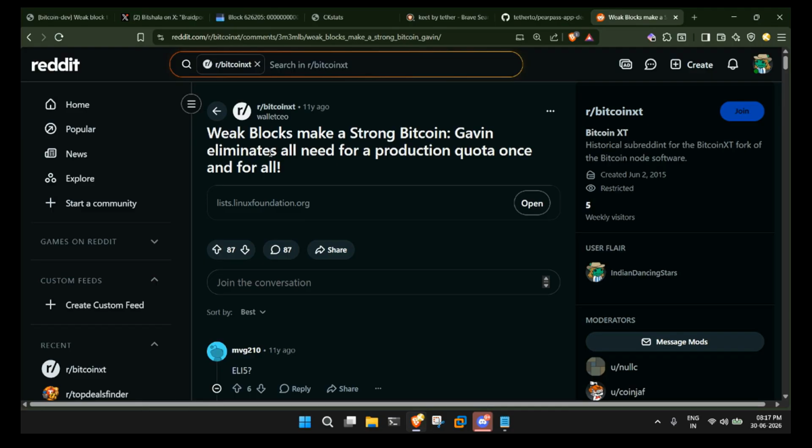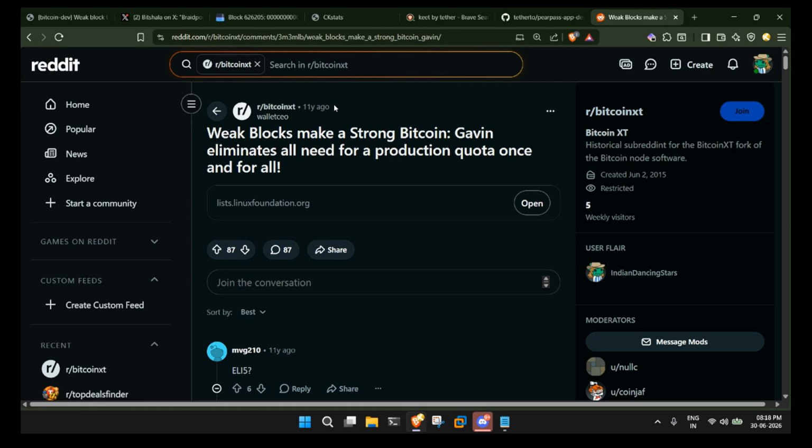But the problem was, why did people not take it seriously around 11 years ago, because 2015 is around 11 years ago now? Because at that time the Bitcoin war was focused more on block size.